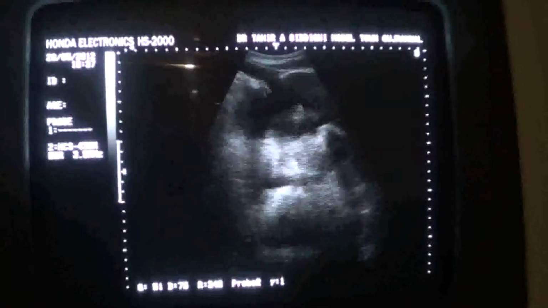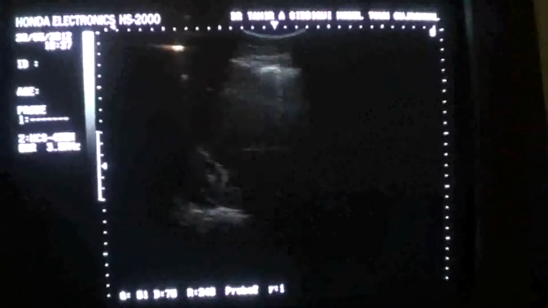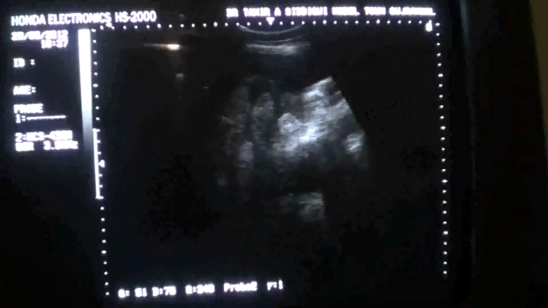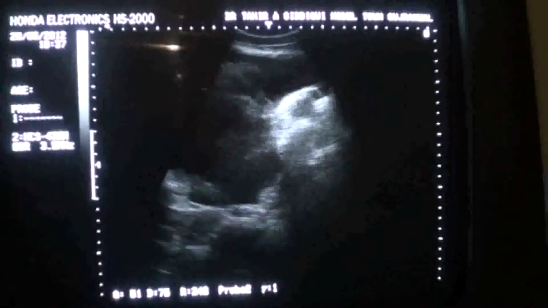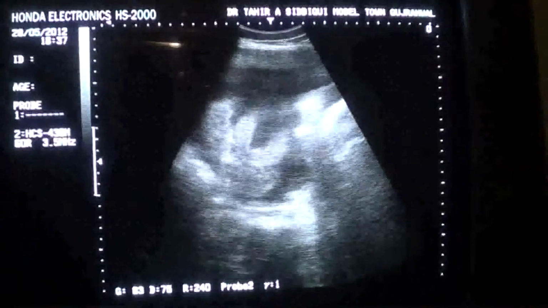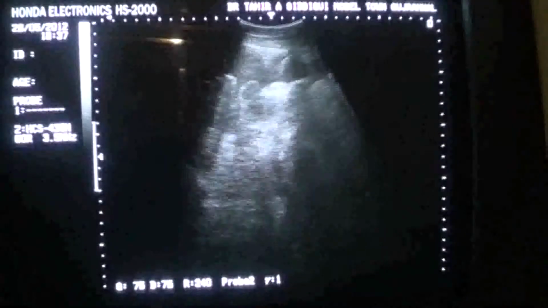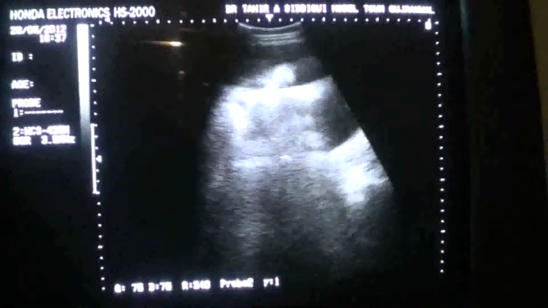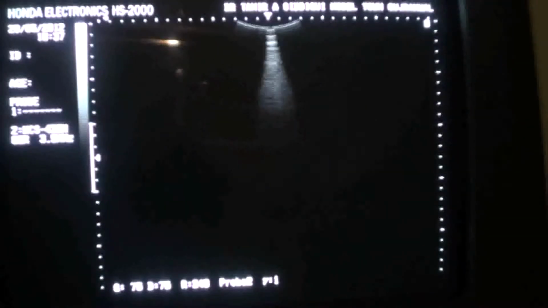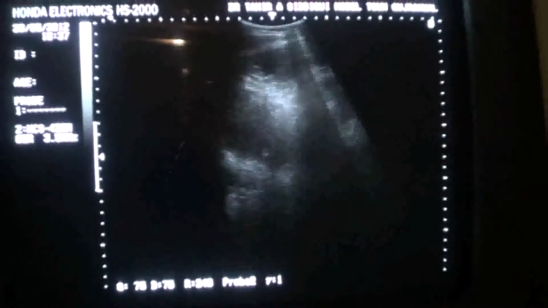The patient is conscious otherwise and is saying that he can pass urine but with difficulty and cannot evacuate the urinary bladder completely. Now this is the left side. Let's see the spleen.